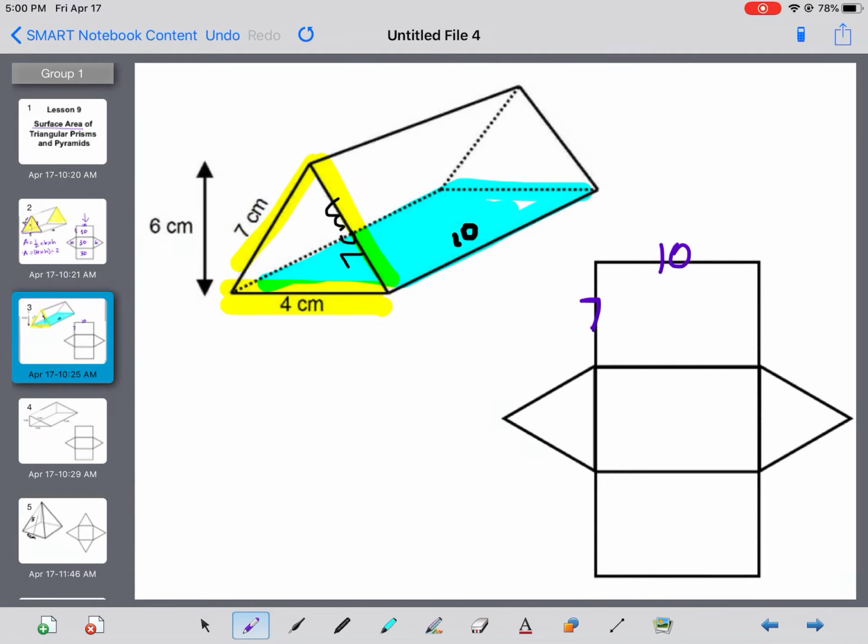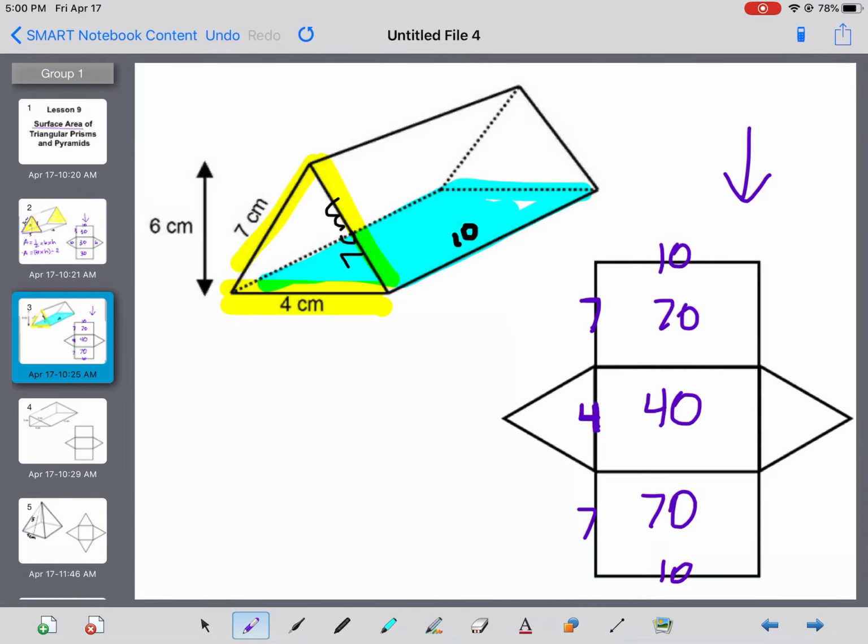So the other two sides, we've got a rectangle that is 7 by 10, another one that is 7 by 10. So each of those is going to be 70 centimeters squared. But then, since the bottom measurement of that triangle is 4 centimeters, we would do 4 times 10, which gives us a measurement of 40 centimeters squared.